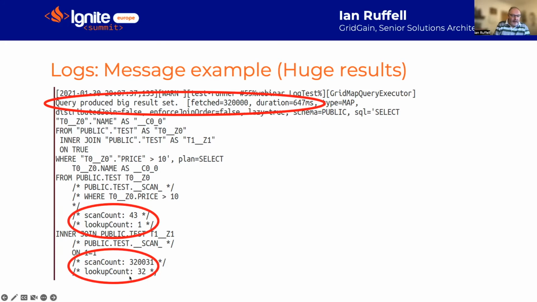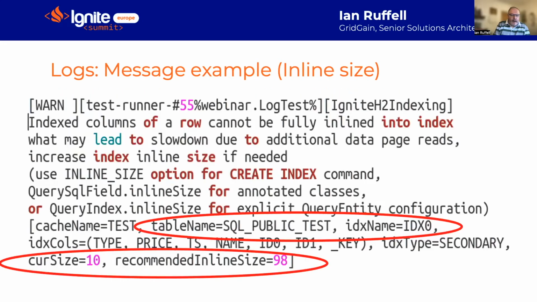In this example, we've got our inline size, so we've got our table name and the index it's using. The current inline size is 10, but it's recommending it should be 98. That hints that we need to go and adjust the sizing in our indexes.